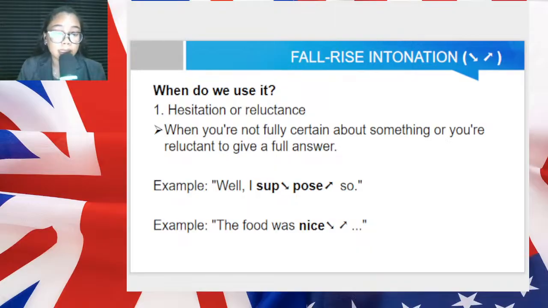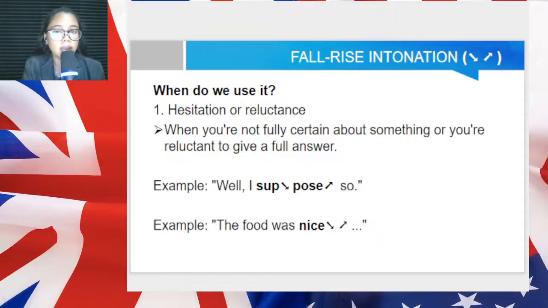They lack complete conviction in what they are saying or in the answer they're about to provide. So the fall-rise intonation vocally embodies this lack of absolute certainty. It's as if the speaker is internally weighing different possibilities or considering nuances that prevent a straightforward, definitive statement.